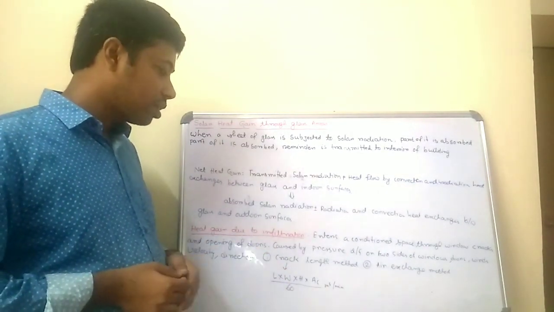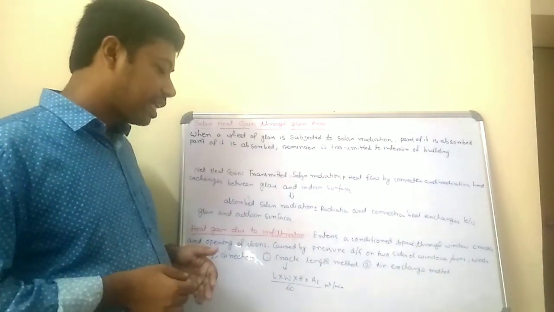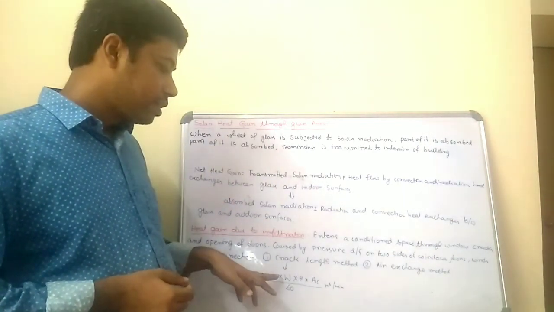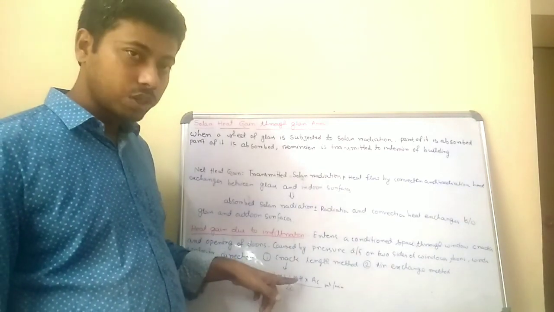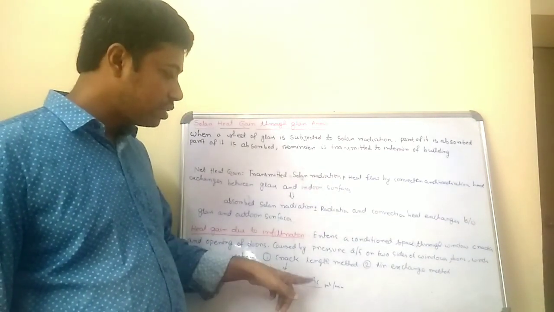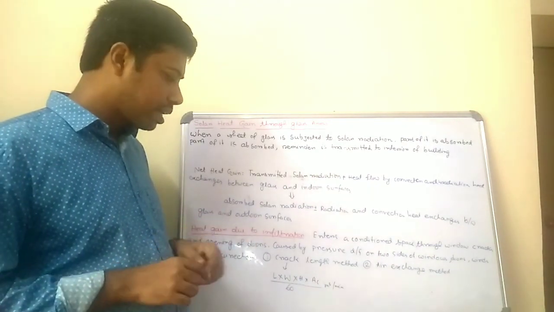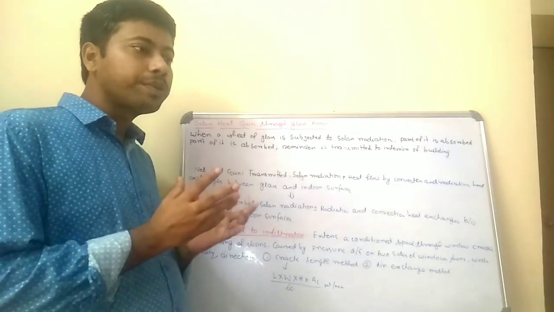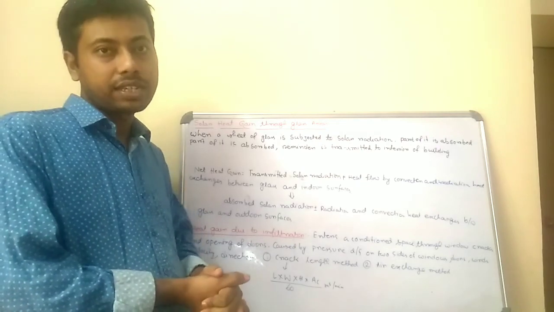In the crack method, the heat gain due to infiltration is calculated as L into W into H, the length, width and height of the room to be air conditioned, into the crack length, divided by 60, in meter cube per minute. That amount of air entering the room is the infiltrated air.